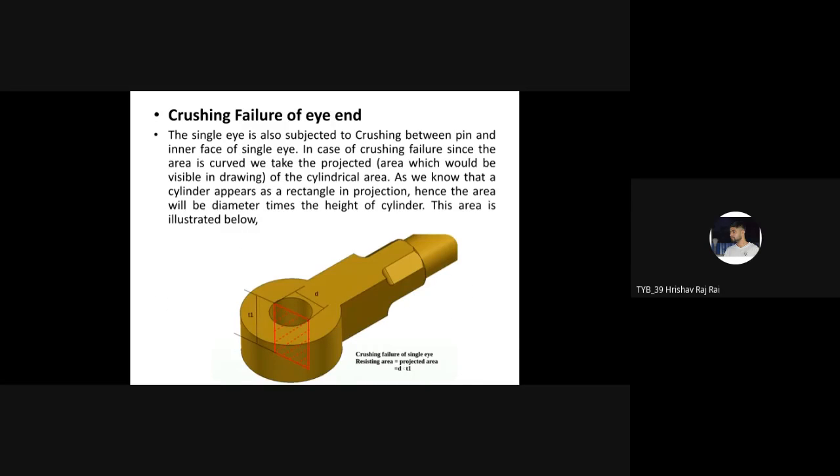Yes. Now we are going to consider the crushing stress also. Most of the time, if you look at this knuckle joint, it gets worn out, and the pin becomes loose inside the knuckle joint, and hence most of the time the knuckle joint is replaced. This case doesn't have any meaning in case of a tractor and trolley. Unless that whole joint breaks, we are not going to replace it.